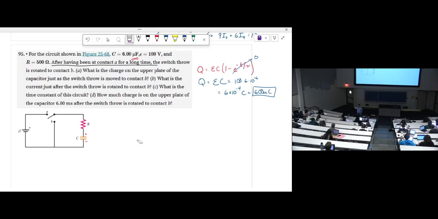Nothing happens. I mean, assuming this is in a vacuum and there's no humidity in the air to draw off charge from the capacitor plate, like this is an isolated system. But while the switch is here between A and B, no charge can flow because the circuit is broken.